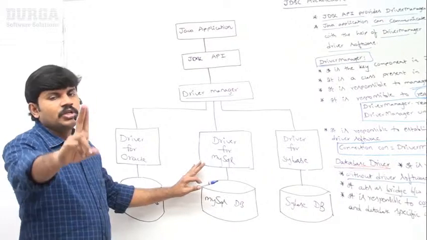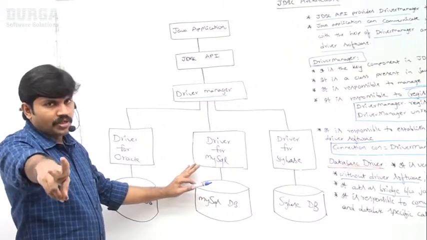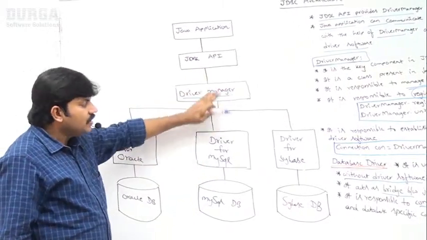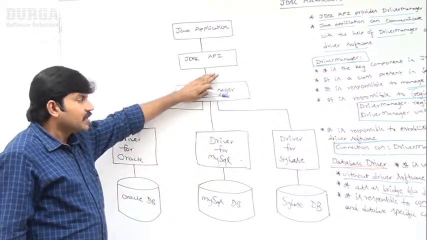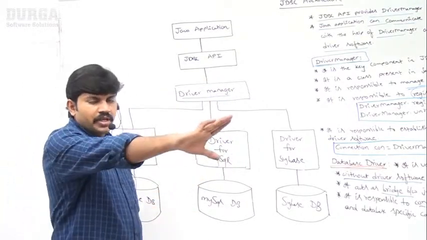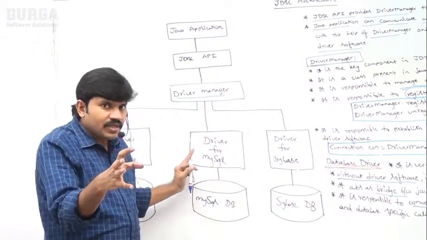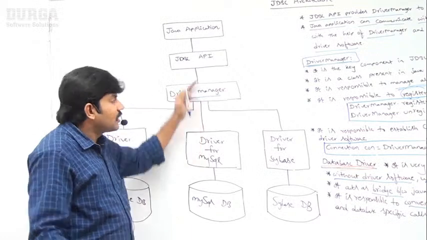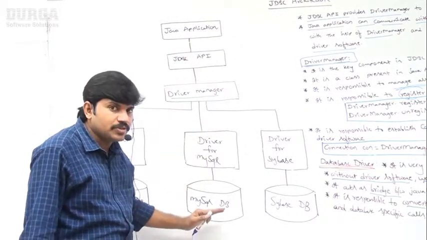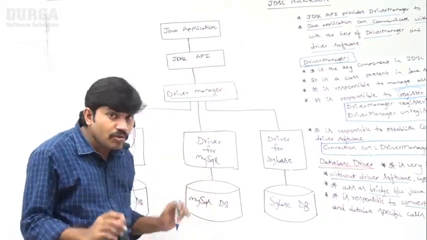Here there are just two points. One is the driver manager. The second one is the driver software. The driver manager is responsible to manage all activities related to these drivers. The driver is responsible to convert Java calls into database specific calls, and database specific calls into Java calls.